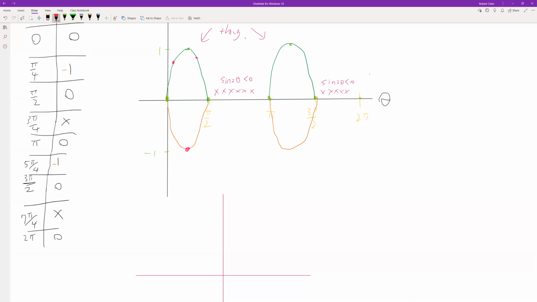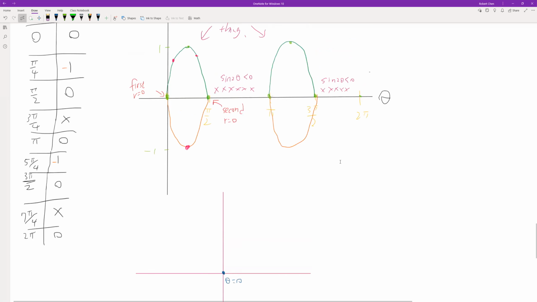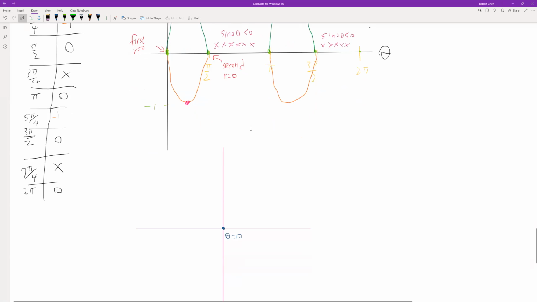So we know that the first 0 happens here, first r equal to 0. And the second r equal to 0 is here. So that means when theta is 0, we're going to start at the pole. We're going to start right here when theta is 0.